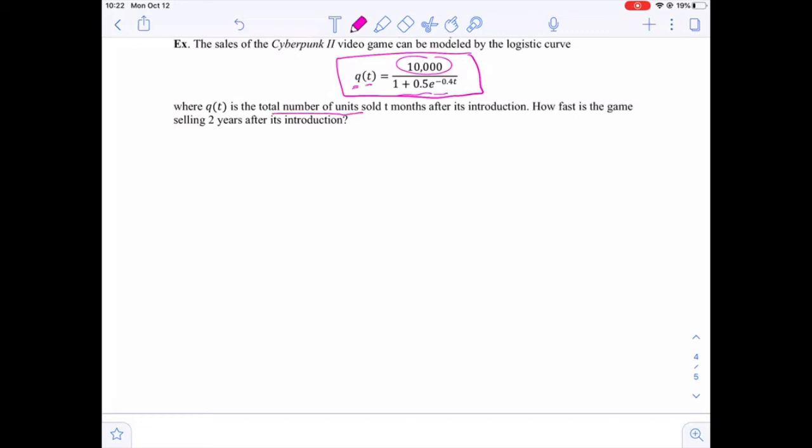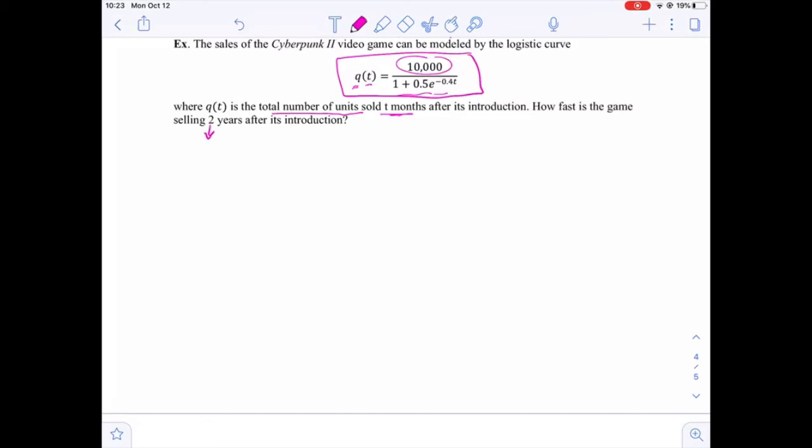Now Q of t is the total number of units sold t months after its introduction. So how fast is the game selling 2 years after its introduction?